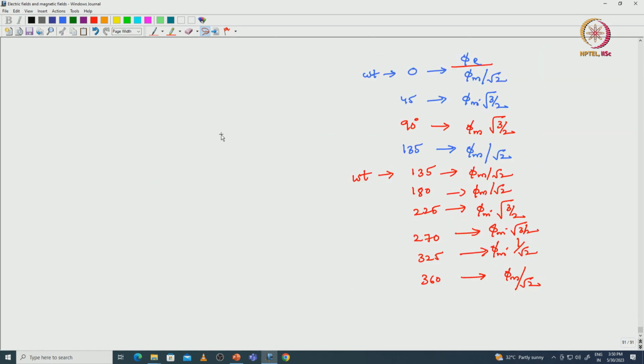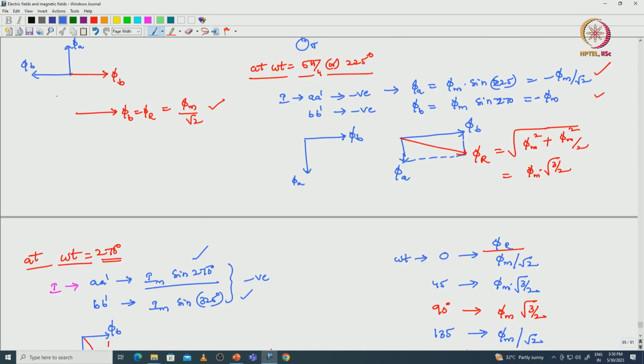Now, if we draw the resultant vector magnitudes on an xy plane, then we will see what kind of magnetic fields are there in the machine on the x and y plane. At 0 degrees we know the magnitude, but in order to find the direction we have to see the resultant vector direction, right.